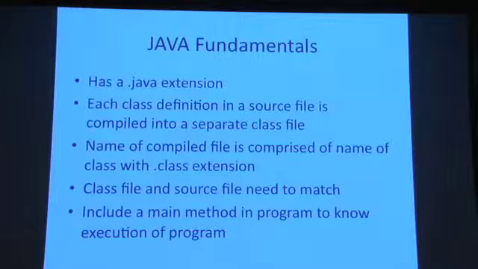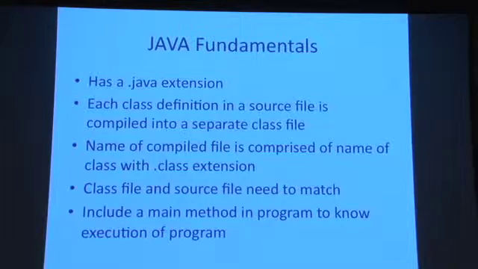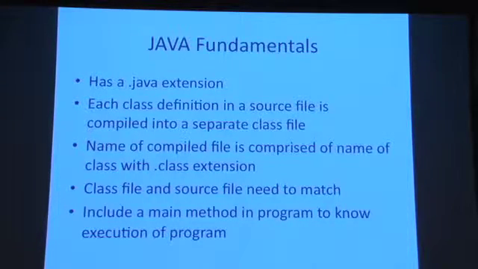Let's say you have public class helloworld in lowercase, and your file name was HelloWorld with mixed cases. Then you'll receive an error. You should also include at least one main method, so the program knows how to execute your program and in what order.